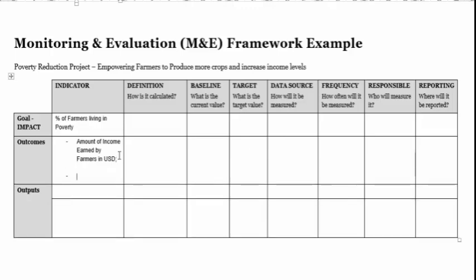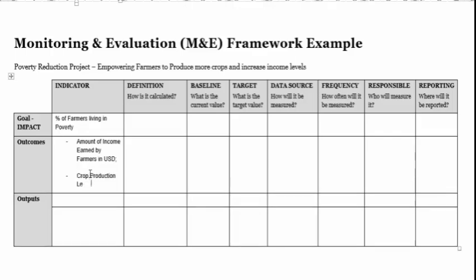By structuring it this way, we ensure that the framework is not only measurable, but also clear to anyone who uses it. Now let's take this further by working through the example step by step. For the crop production levels indicator, we can define it as the total amount of produce generated, measured in kilograms or tons. With that in mind, the next step is to establish the baseline. Suppose our project runs from 2024 to 2029.